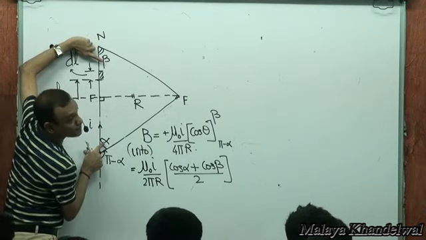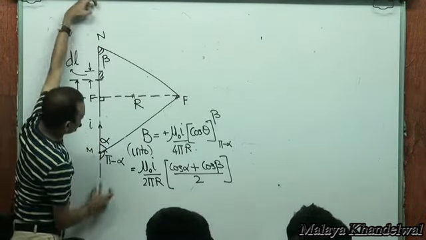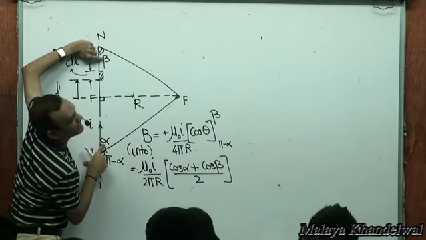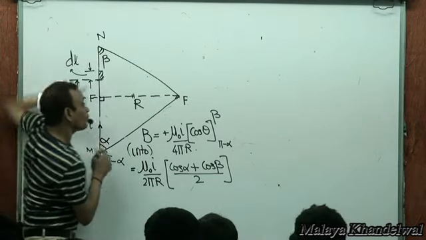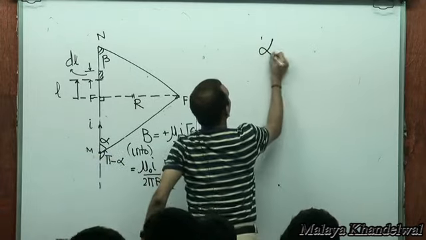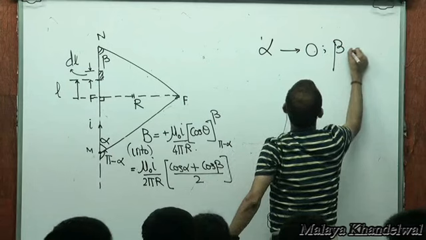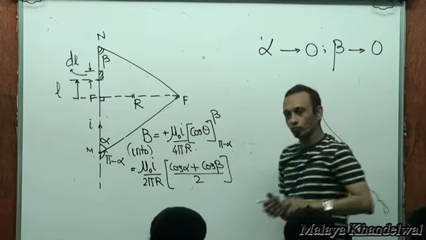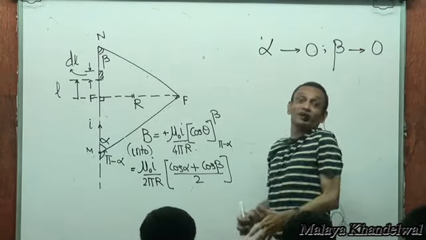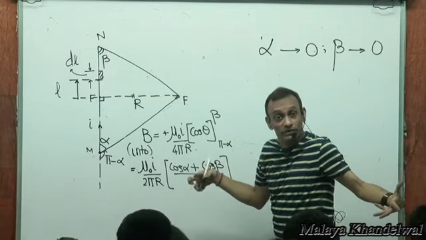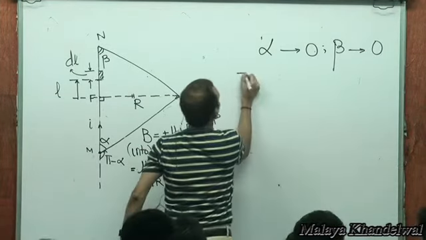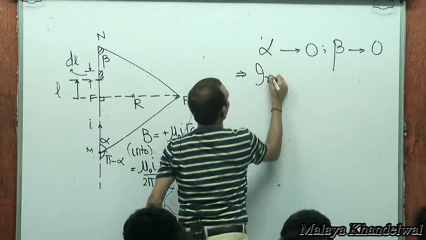They become smaller and smaller. The longer the wire, the smaller the values of alpha and beta. So if alpha tends to 0 and beta tends to 0, then the wire will become infinitely long.